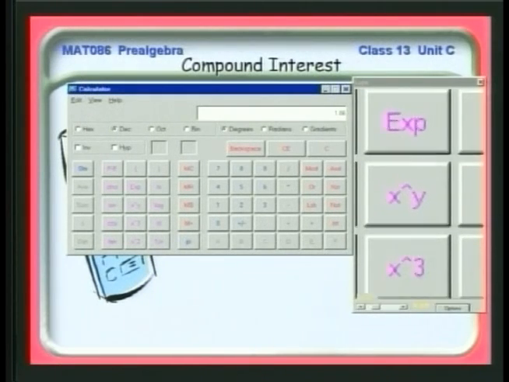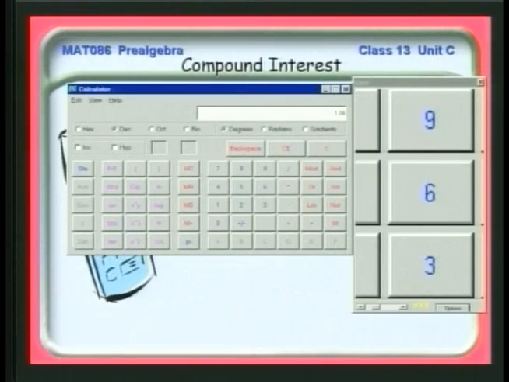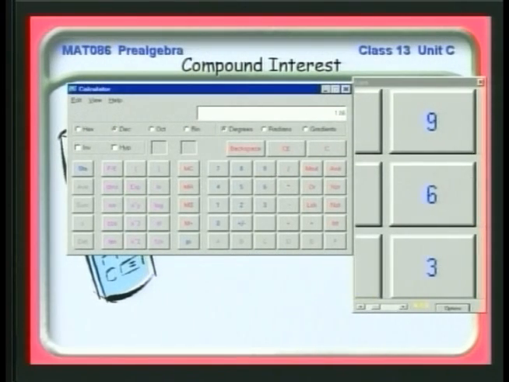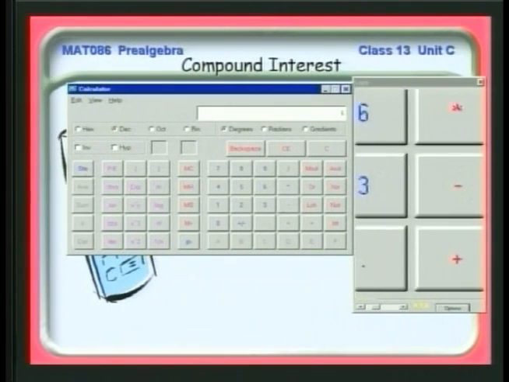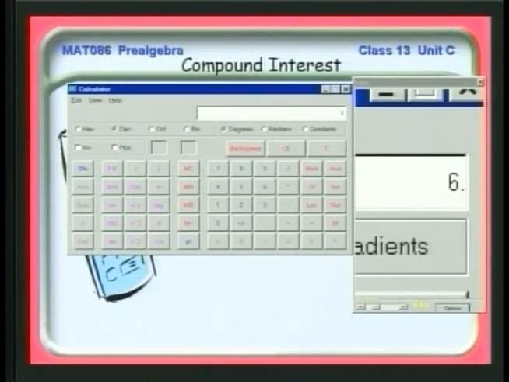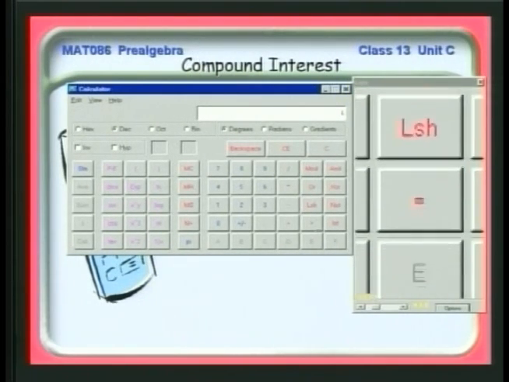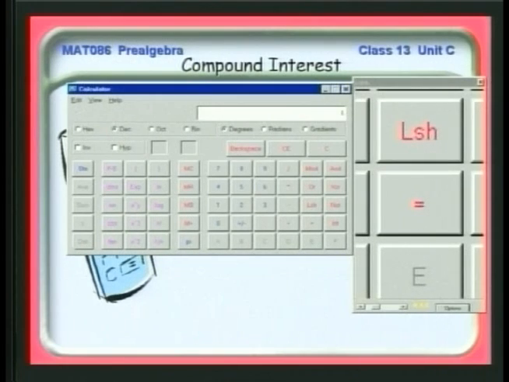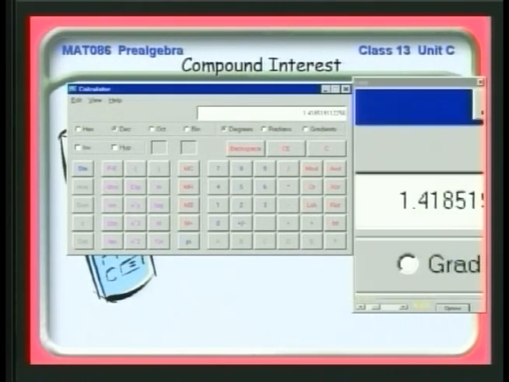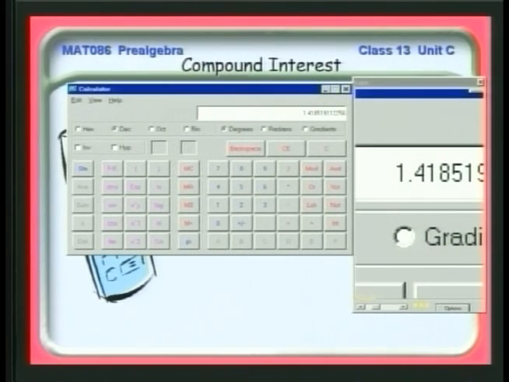It's registered X. Now I go back and enter the power. For example, suppose I enter a 6. Notice it registers 6 up here, that I've put in something to the 6th power. Now when I hit the equal, it shows me what 1.06 to the 6th power is.